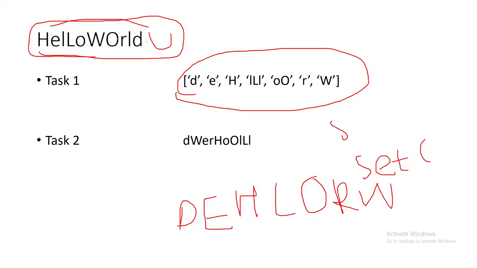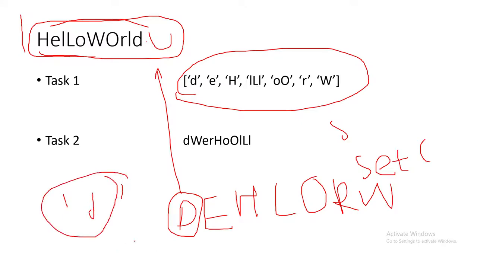I will be running a loop on the input string, where I'll check whether this character is equal to this character. If it is, I'll make a new string and append it there, and this string will be appended directly into the new list I have created.